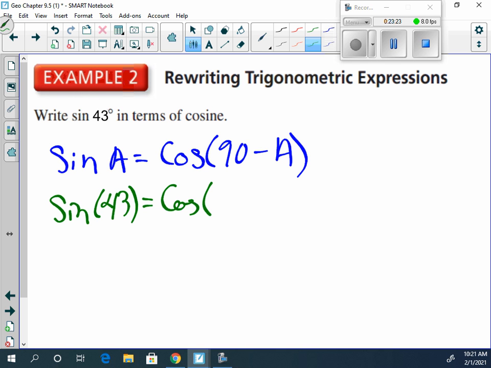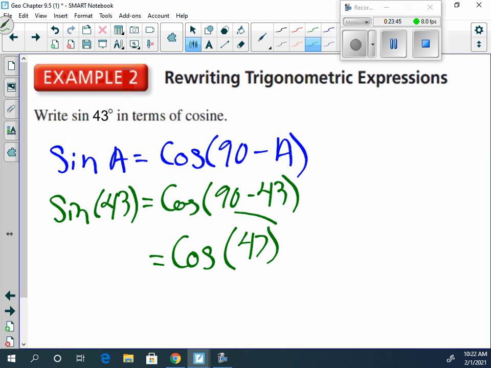Now sine of 43 is going to equal cosine of what? 90 minus 43 would be 47. So our answer would be cosine of 47. That's all they're asking for. Questions on this here?